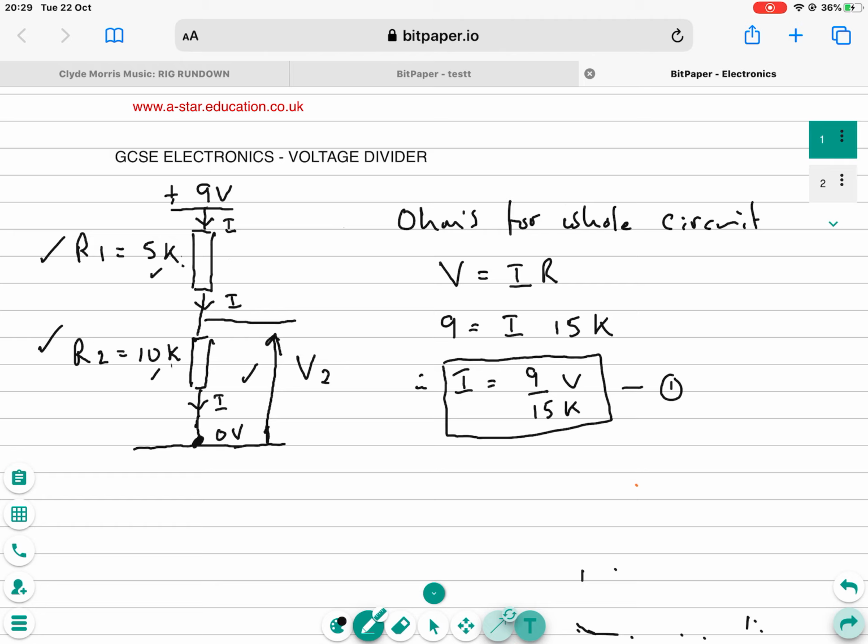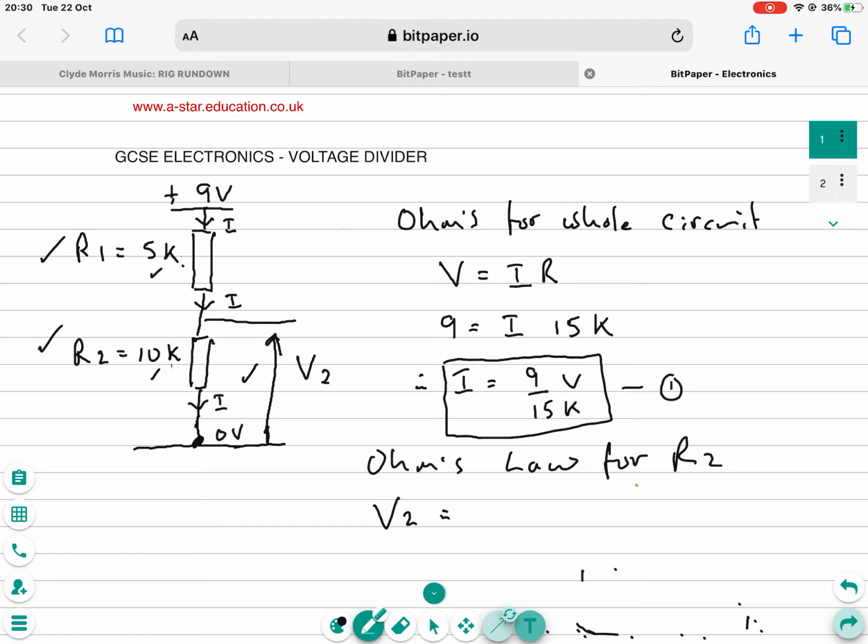Okay, so what I need to do is use Ohm's law again, but this time for resistor R2. Ohm's law for resistor R2. And for resistor R2, we can write V2, because this is the voltage across R2.